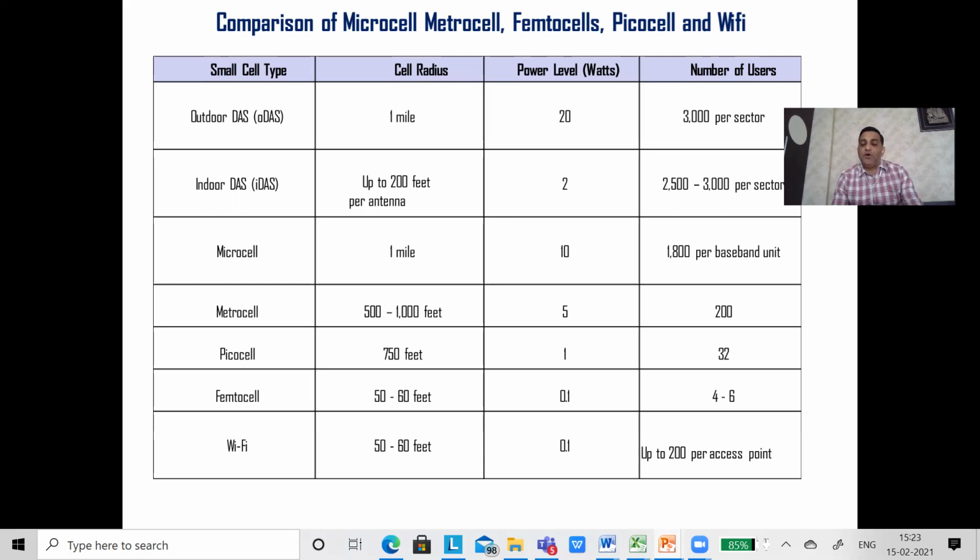These three connection options are available for microcells, while a microcell will be installed by the operators, not by the users, and it is quite expensive compared to picocells and femtocells. So this is the comparison of different cell types in terms of cell radius, transmitter power levels, and number of user capacity.